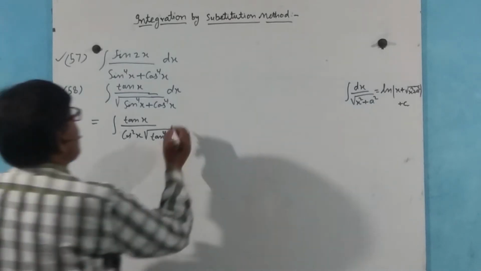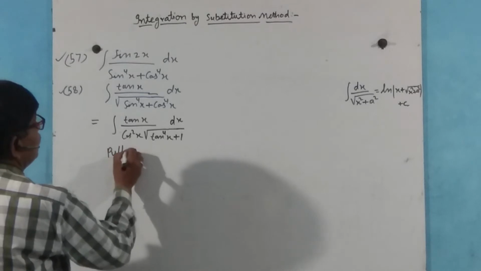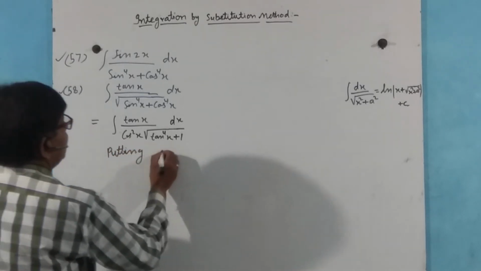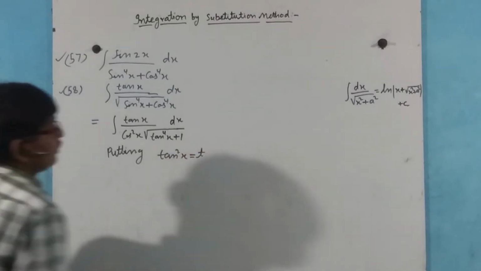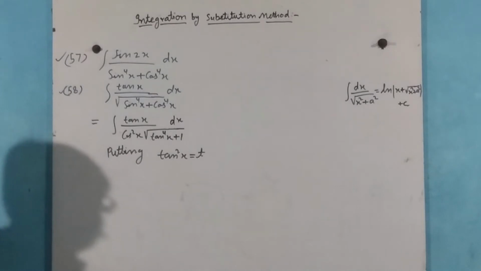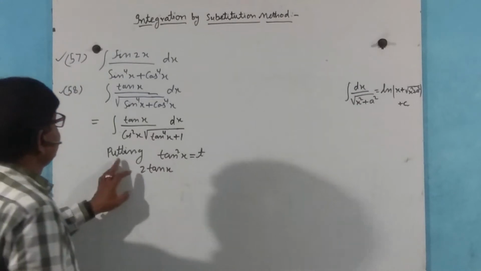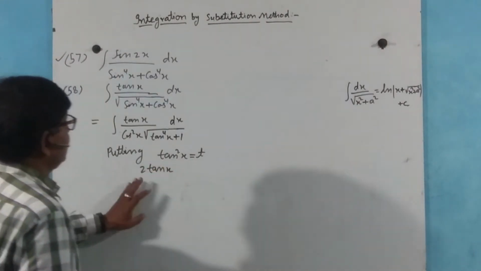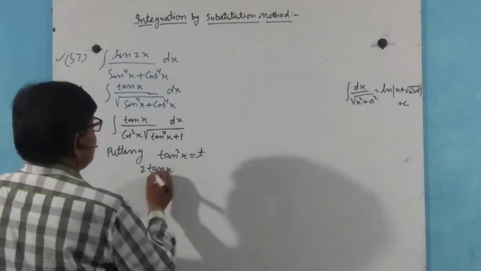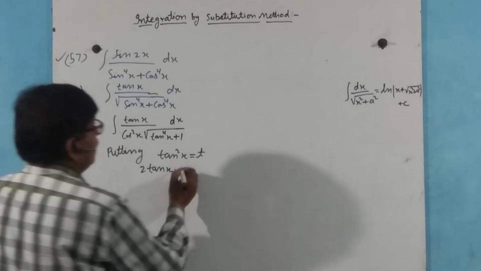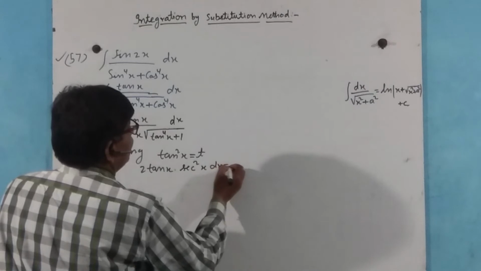Now dx, putting tan square x equal to t. Differentiating with respect to x, 2 tan x and sec square x dx equals dt.